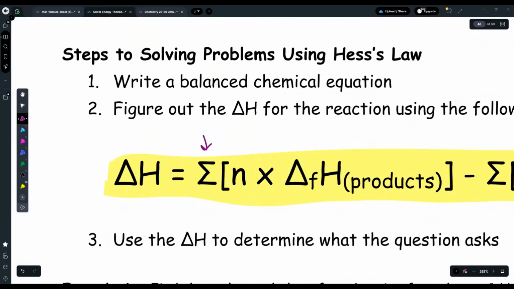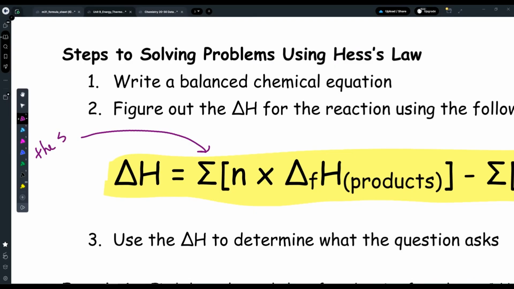These symbols just mean that you're taking the sum of the moles of a product times the molar enthalpy of a product. So let's write that. This just means the sum of.